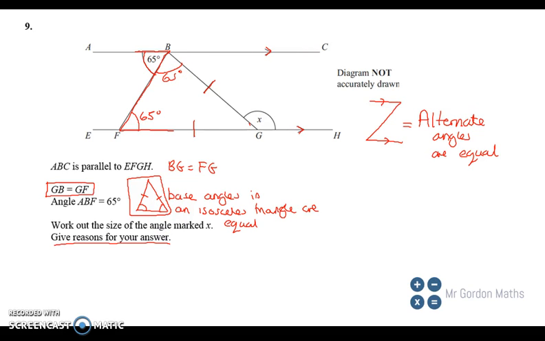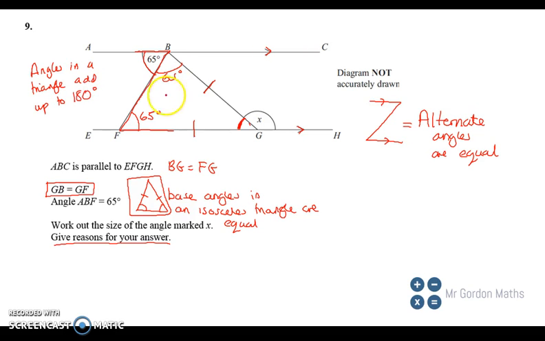And there's a couple of ways to get x really. We can work out the missing angle in the triangle if you want to. It gives you another reason that you can use. So you know that triangles, where can I write this? So the angles, very important to say, angles in a triangle add up to 180 degrees.